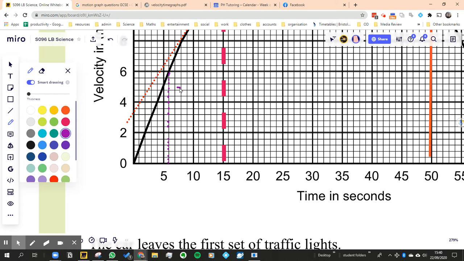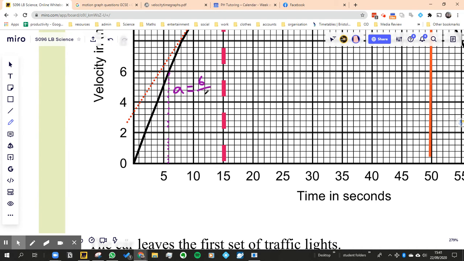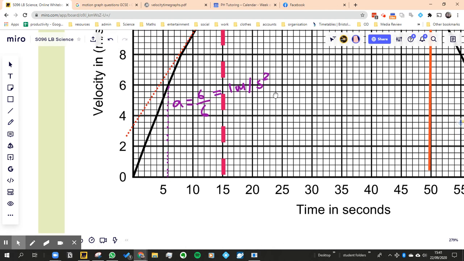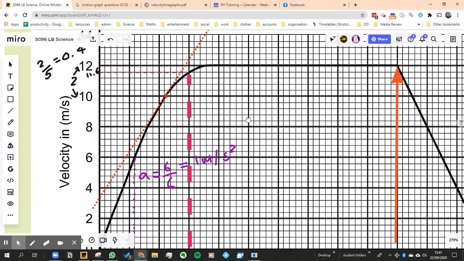So the acceleration would be equal to the change in velocity, which is 6, divided by the time, which in this case is 6 also. So the acceleration would be 1 meter per second squared. That's if it was 6 seconds, but the problem is it's not, it's 10 seconds.